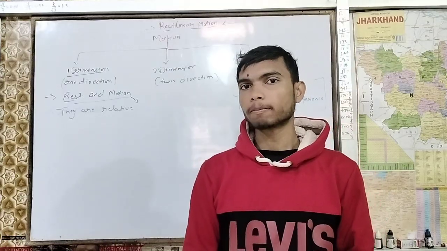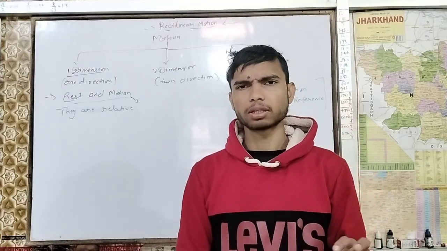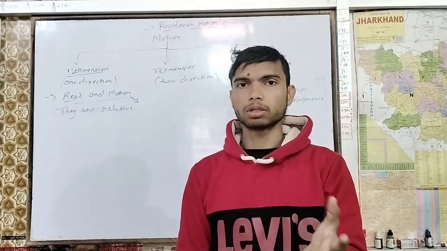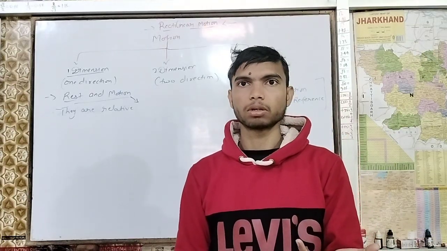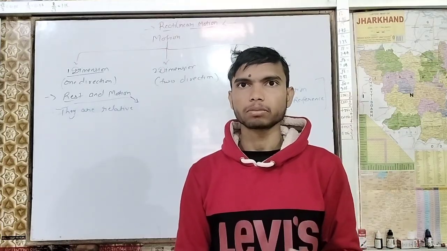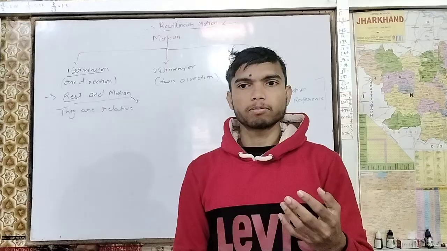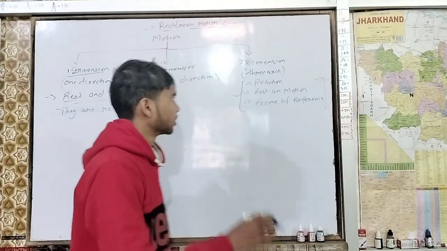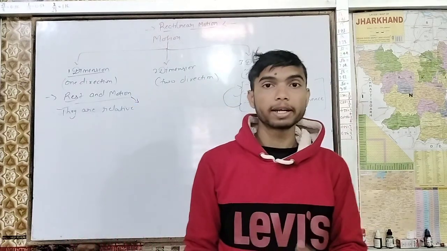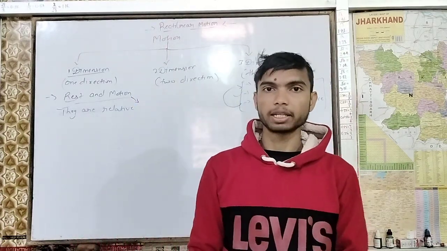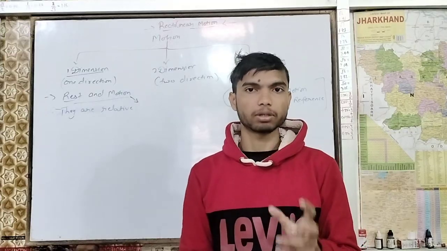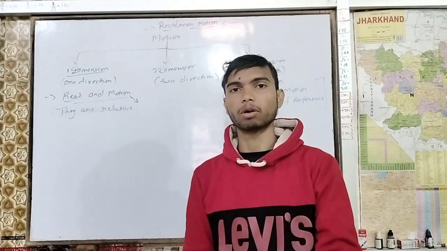So position is just a word, very simple to understand: the location of a place, a thing, a person, anything. But there is a link between a frame of reference and position. We can tell the location of anything only when we take a reference, a frame of reference or observer.